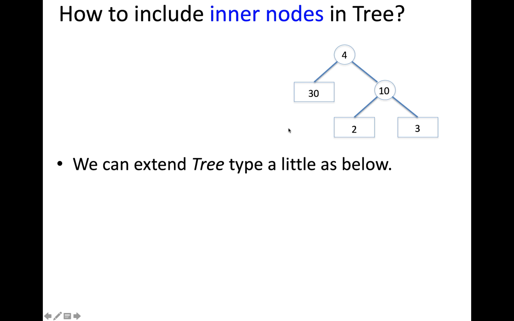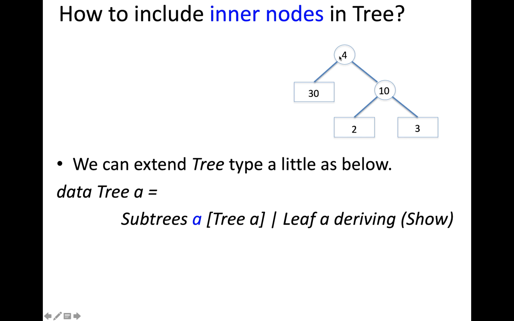So the first question is how we can extend the previous tree type to include this inner node in the tree type. That is very simple. When we are talking about subtrees, then not only do we say what is the list of subtrees, we also add another A that stands for that inner node.